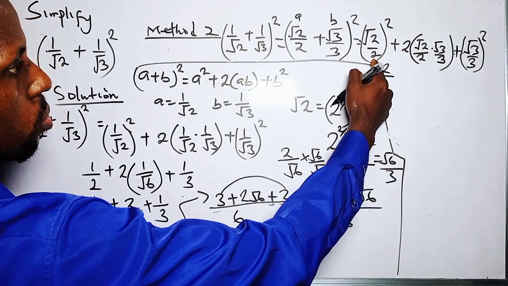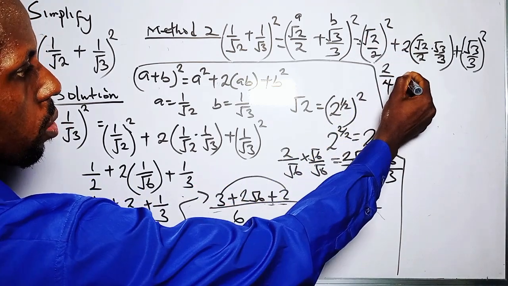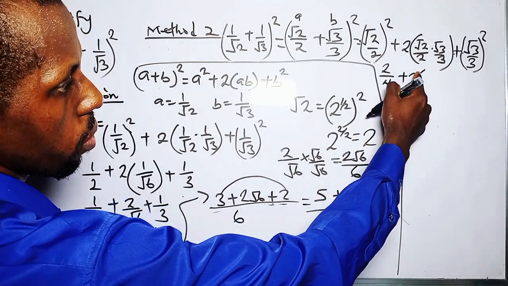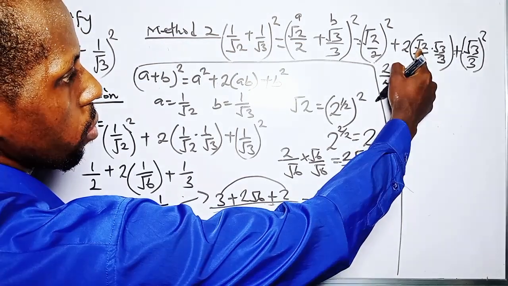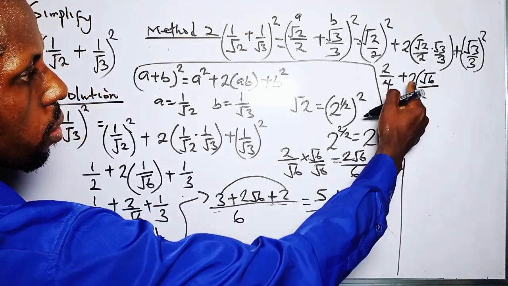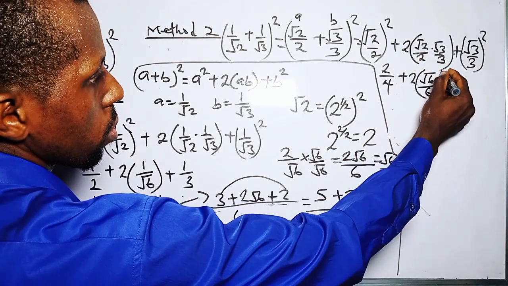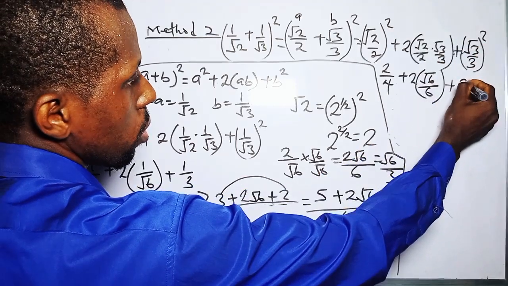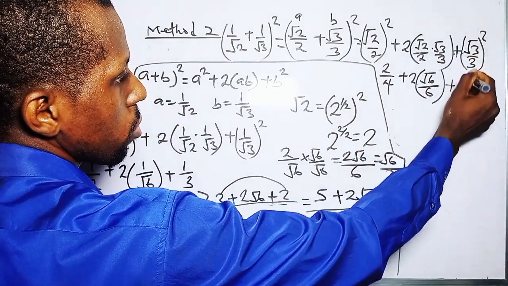Plus 2, which is this, in the parentheses we multiply root 2 times root 3, which is root 6, divided by 2 times 3, which is 6, plus root 3 squared is 3 over 3 squared is 9.